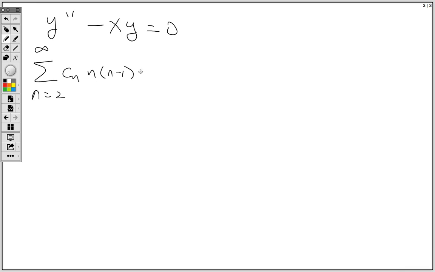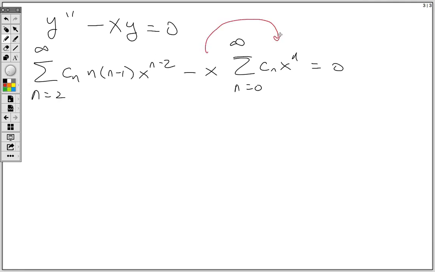So if we put this into Airy's equation, we get the sum n equals 2 to infinity, cn n times n minus 1 x to the n minus 2, minus x times the sum n equals 0 to infinity, cn x to the n, equals 0. So I'm just plugging in my assumption there. And once again, assuming we're within the radius of convergence, then I can multiply the x through term by term.